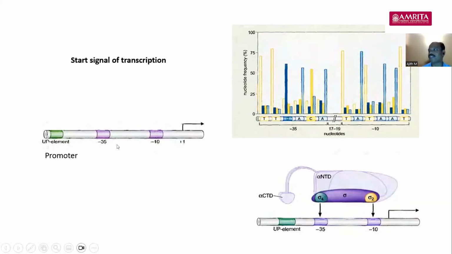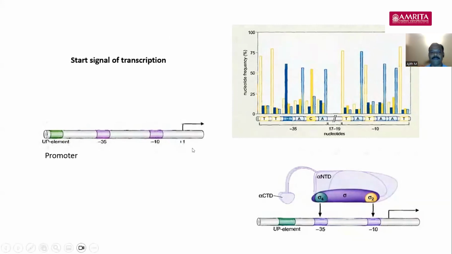The pink colored region, this is the DNA molecule, the double-stranded DNA molecule. The pink colored region is called the -35 region and -10 region. You may ask me, what is -35 and -10? In a number line, something towards your left, you name it with a minus sign associated to it, left of the 0.